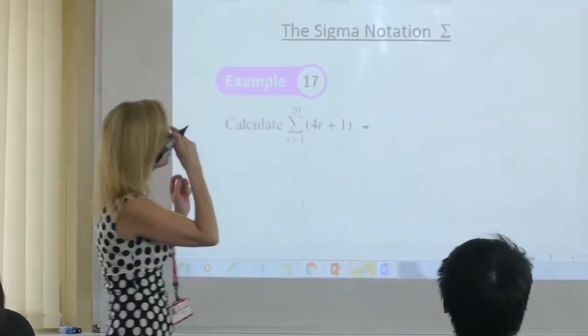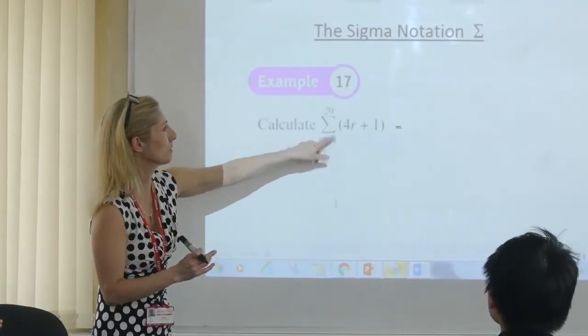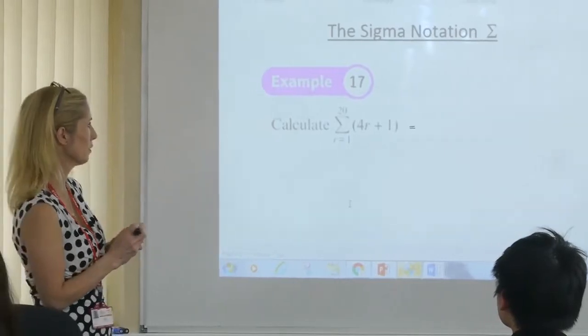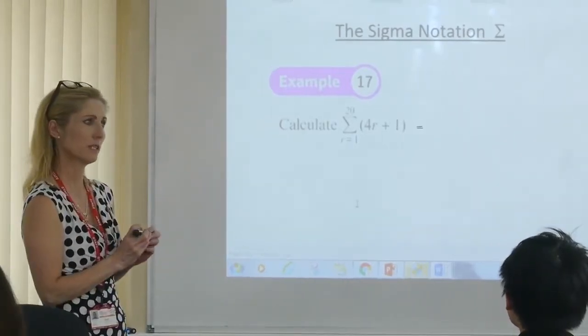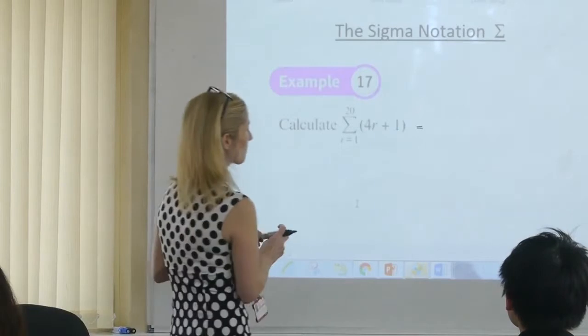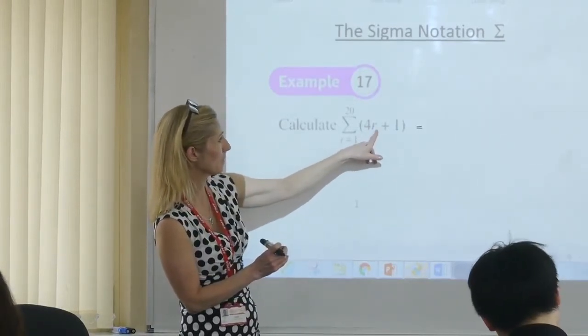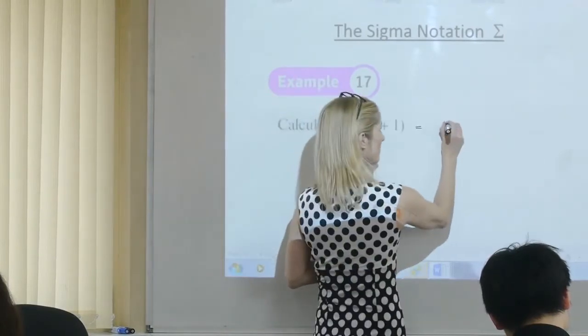So what would be the first term? It's ranging from r is 1 to r is 20. So r is 1, so 4 times 1 is 4 plus 1 is 5.